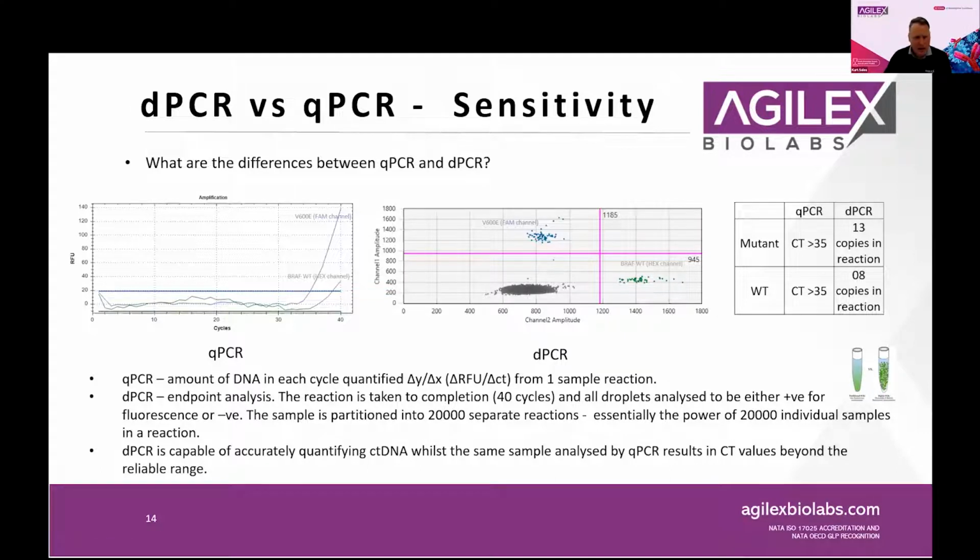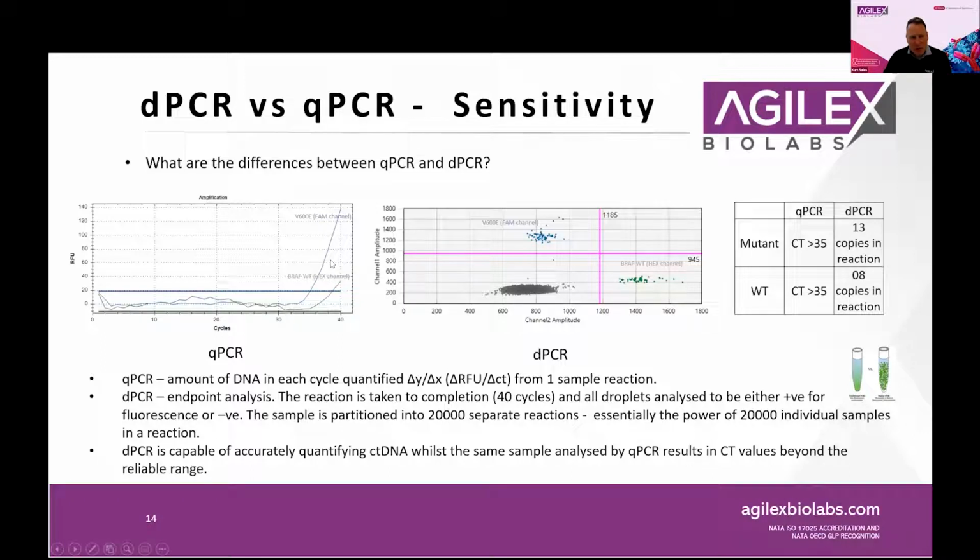As you can see, for those really low abundance targets, and ctDNA is very low abundance, we only start seeing an increase in fluorescence around cycle 35 and above, which is close to the negative control, close to the water blank, and you cannot confidently provide a good analysis at such a late CT.